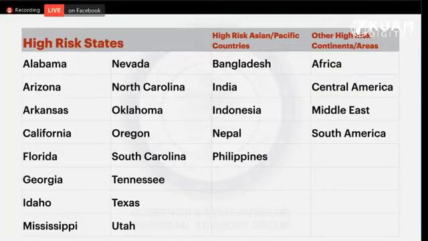These include Alabama, Arizona, Arkansas, California, Florida, Georgia, Idaho, Mississippi, Nevada, North Carolina, Oklahoma, Oregon, South Carolina, Tennessee, Texas, and Utah. High-risk Asian/Pacific countries will be Bangladesh, India, Indonesia, Nepal, and the Philippines. Other high-risk continents and areas: Africa, Central America, Middle East, and South America.